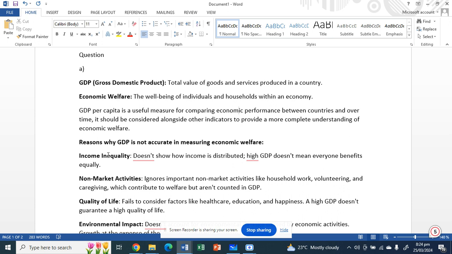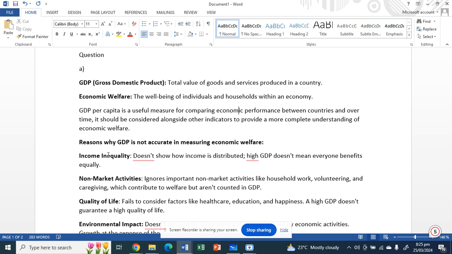There's always going to be the gaps of the poor and the rich. So in the tabulations of GDP, we don't know if income is distributed equally or not. But in reality, with every nation, there's always going to be the poor side and the wealthy side.